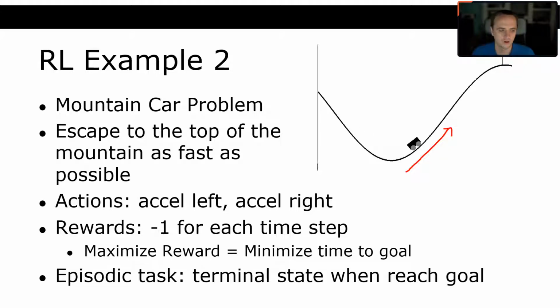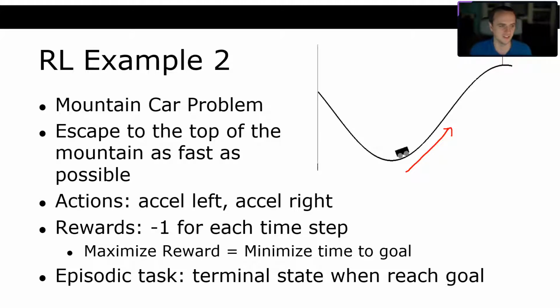Well, the reward is always essentially tied to the problem that we want to solve. And the problem we want to solve is to escape to the top of the mountain as fast as possible. So in reinforcement learning, we have this little trick where if we want to do something as fast as possible, we give the agent a -1 reward for each time step until it reaches the goal. If you've ever seen Rick and Morty, this is kind of like the Meeseeks.